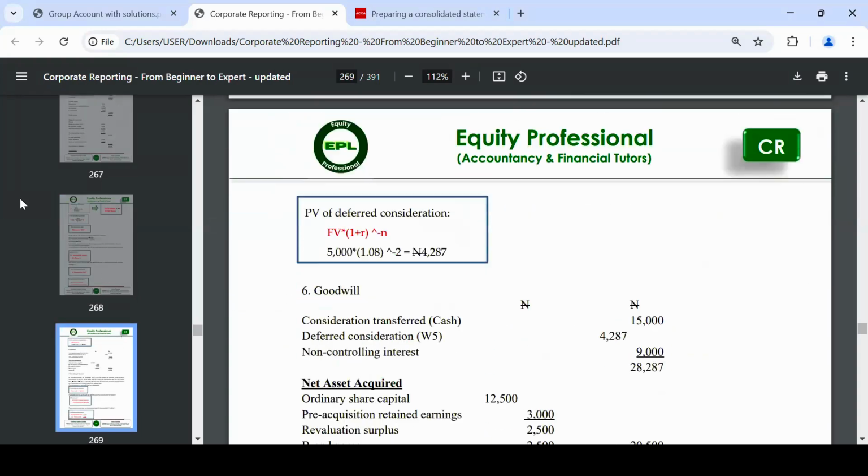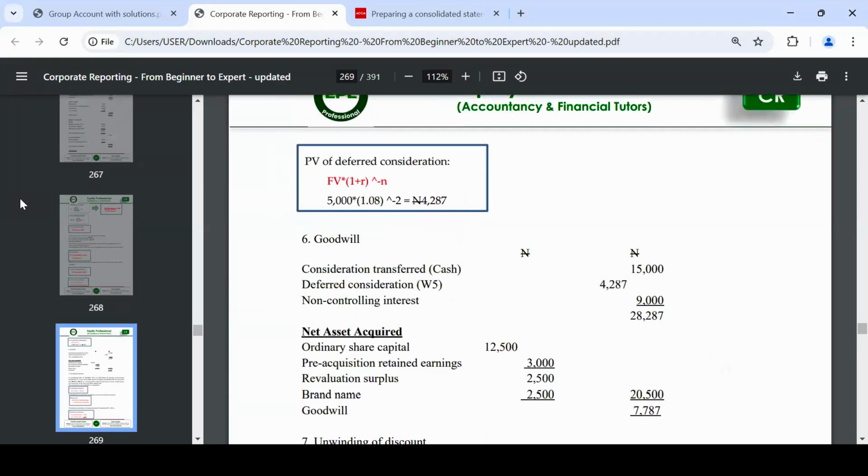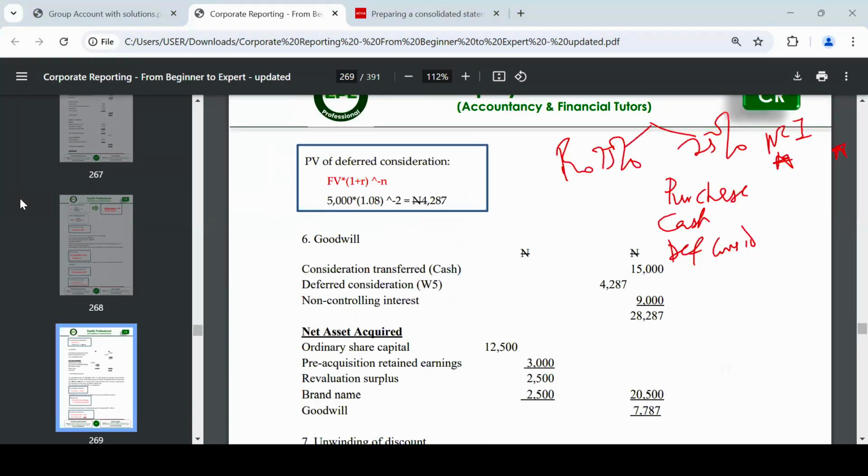Let's go to the goodwill calculation. Purchase consideration amount cash 15,000. Okay. Deferred consideration 4,287.